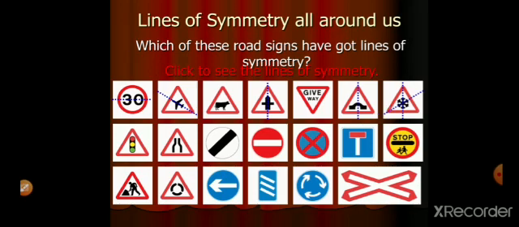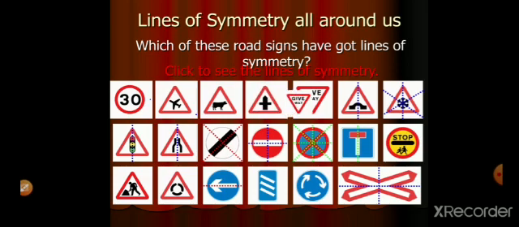Here you can see that some symbols have a line of symmetry. The first and second symbols do, but the third does not have any line of symmetry. In these symbols you see some circular shapes which have more than one line of symmetry.